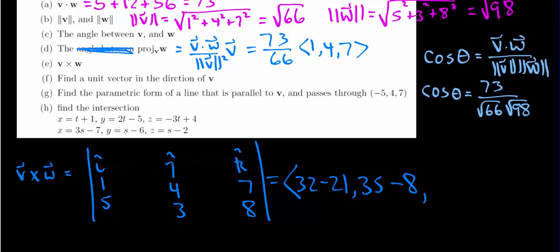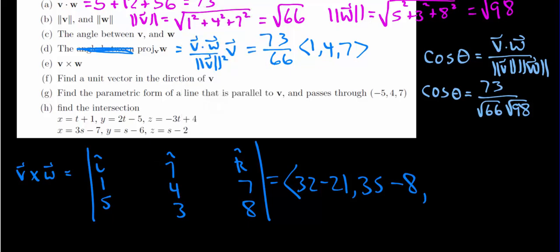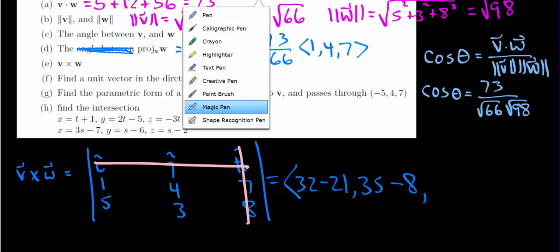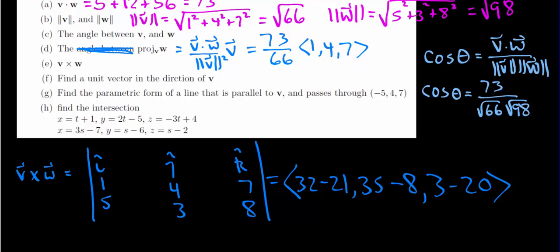Then we take out this column and this row, and we go 1 times 3 minus 4 times 5. And there's our cross product. If we dot product that with V or W, we're going to get 0. And that's the cross product.